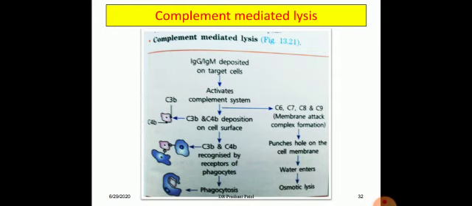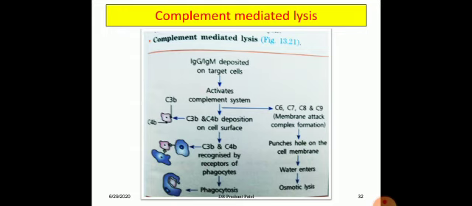So what happens in complement mediated lysis? Here IgG and IgM are deposited on the target cells. It activates the complement system. The complement products like C3b and C4b deposit onto the cell surface, and this C3b and C4b are recognized by the receptors of phagocytes, and these target cells undergo phagocytosis.